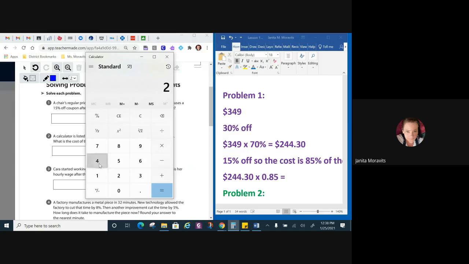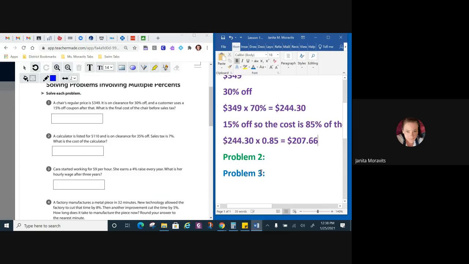We said $244.30 times 0.85. That's going to give us $207 and not 65 cents, but 66 cents, because it will round up. There's a 5, so we will round that up.